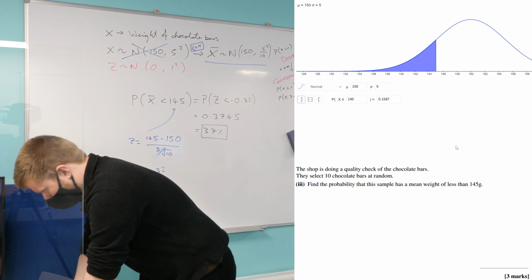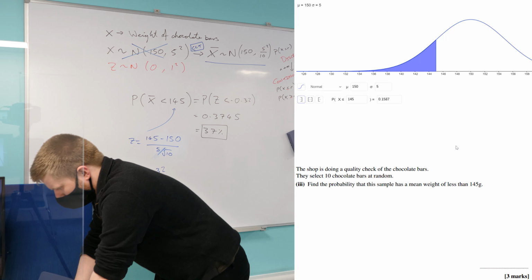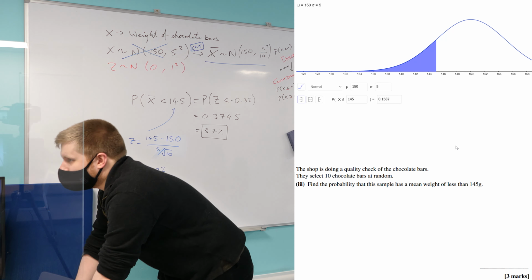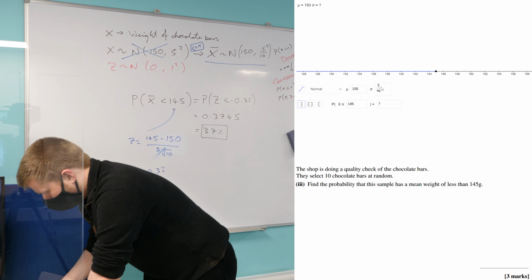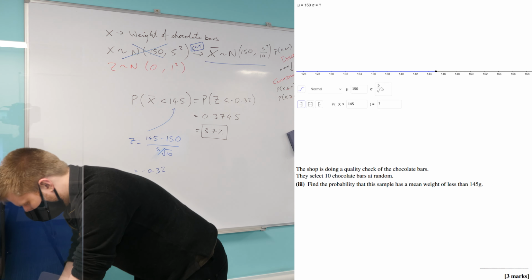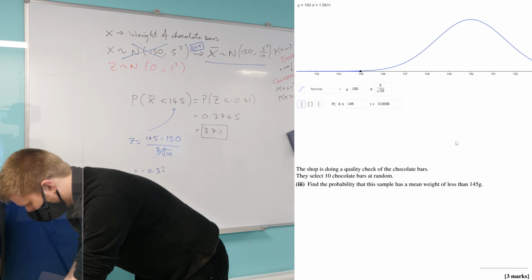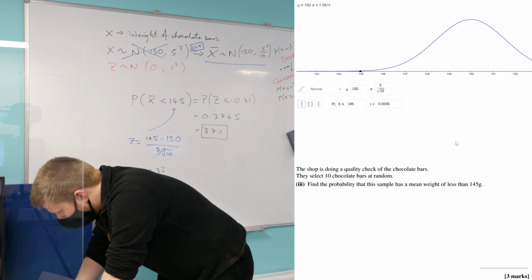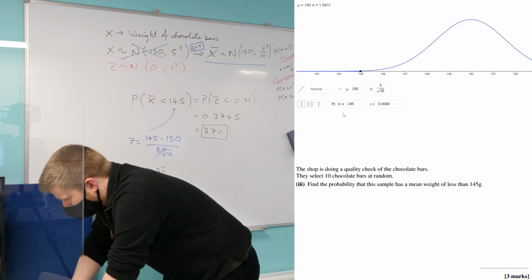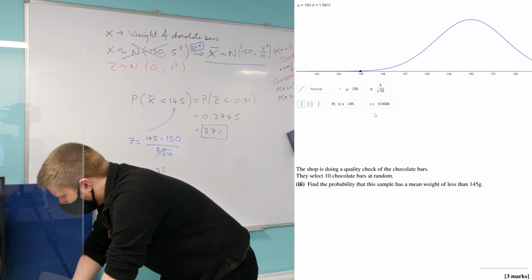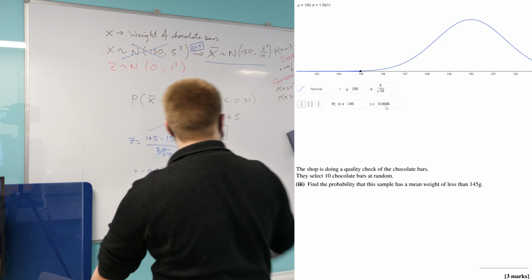And once again, if you just wanted to verify that, just come over to GeoGebra. Obviously you're going to have to change the standard deviation now to be 5 divided by square root of 10. There we go. And I'm looking for less than 145.